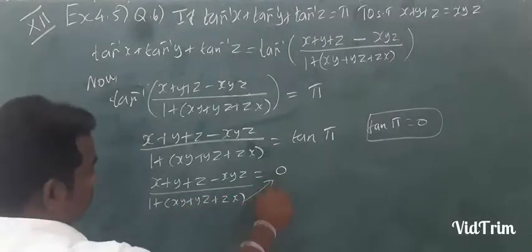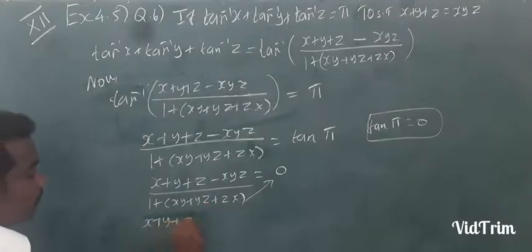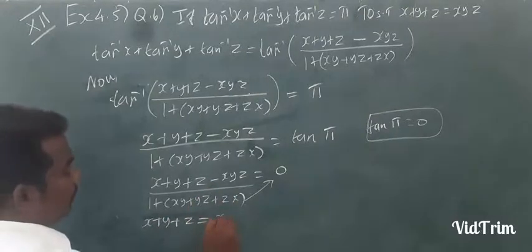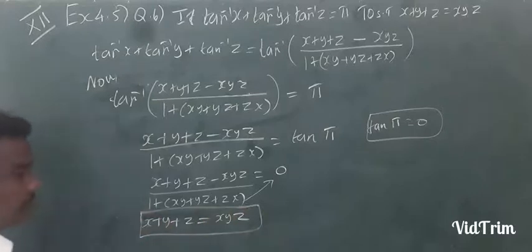If you do the multiplication with the denominator of the first term, it will become 0. The remainder will be x plus y plus z. The minus will go to that side, it will become plus. So x plus y plus z is equal to xyz. That's all. Copy that.